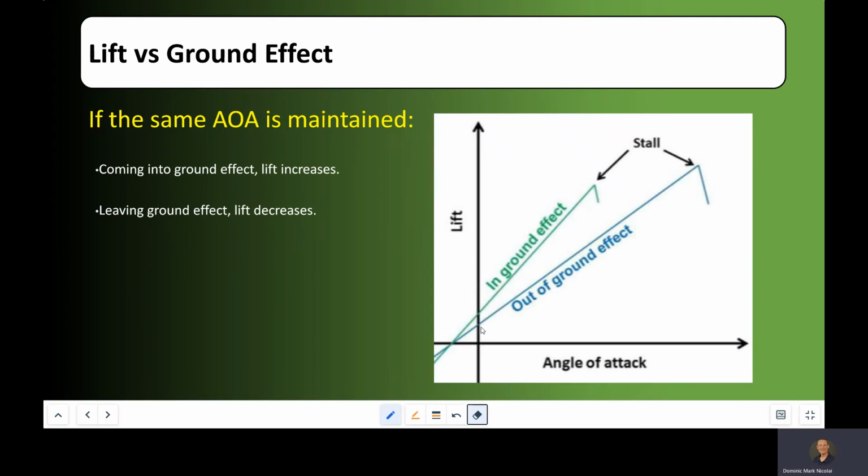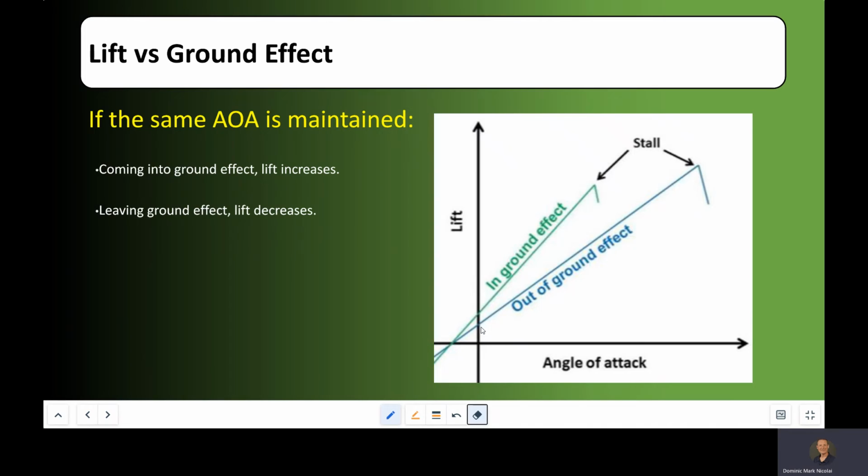Now this induced drag vector does get affected when you get close to the ground. In fact, that three-dimensional airflow gets disrupted the lower you get to the ground.